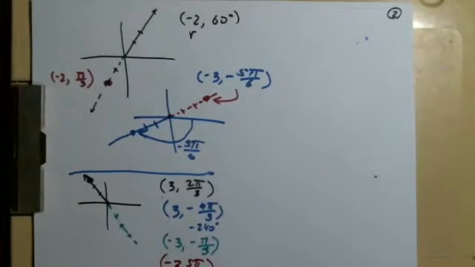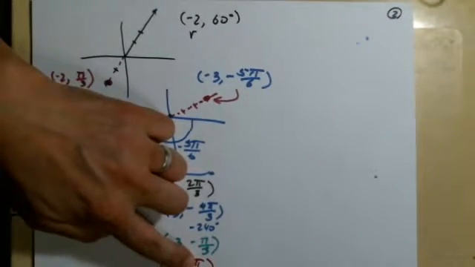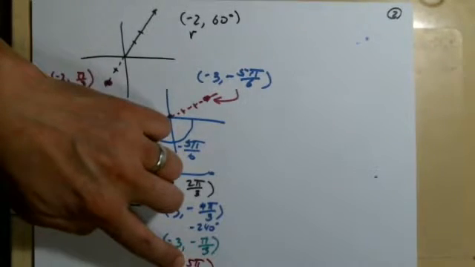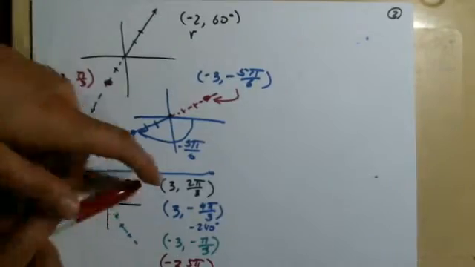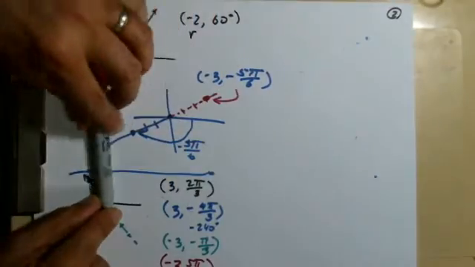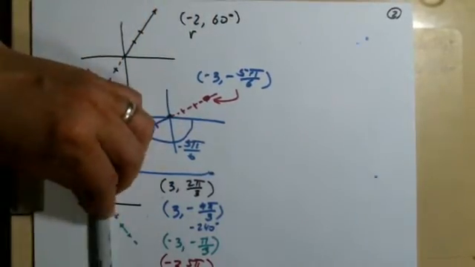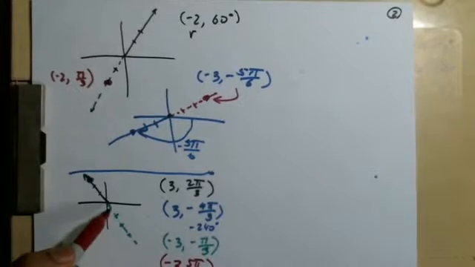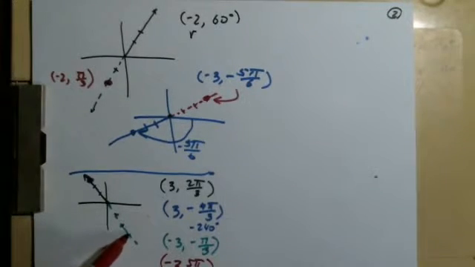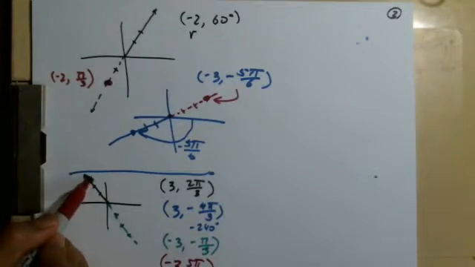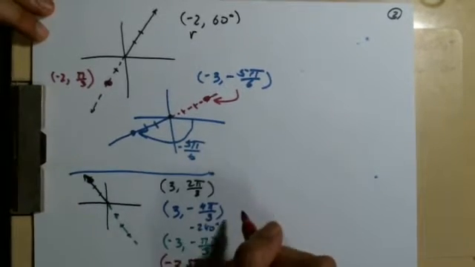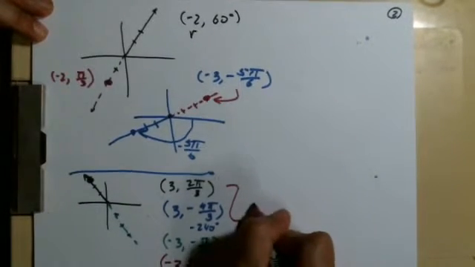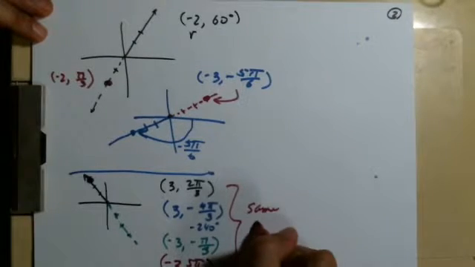See what that looks like. 5π/3, we know that π/3 is going to be 60 degrees multiplied by 5. That's going to be 300. So we're going to start off here. It's going to go 90, 180, 270, 300. So it's going to kind of be in the green marked ray area, except instead of going positive 3, 1, 2, 3, it's going to go negative 3. This all happens to be the same point.